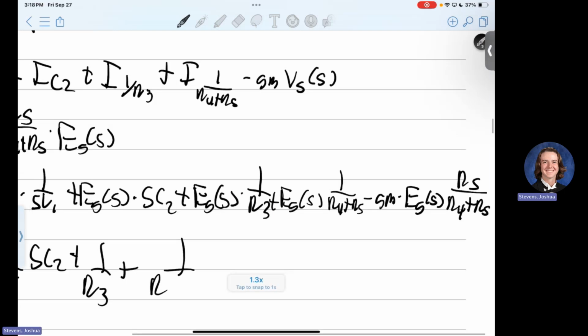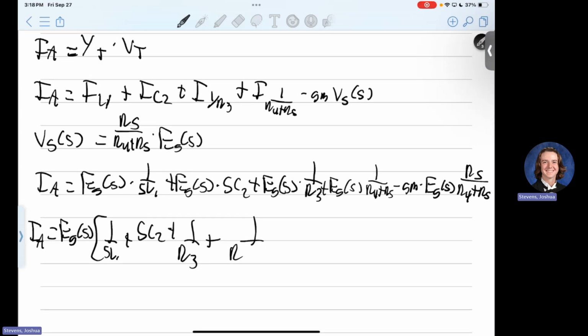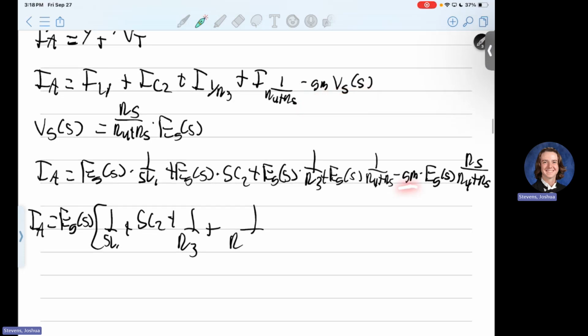Okay, so in this equation, I went from all the currents to doing voltage times admittance. But if we have this term here, I still need to have that GM. Then I have the voltage times the admittance of V5. Does that make sense?